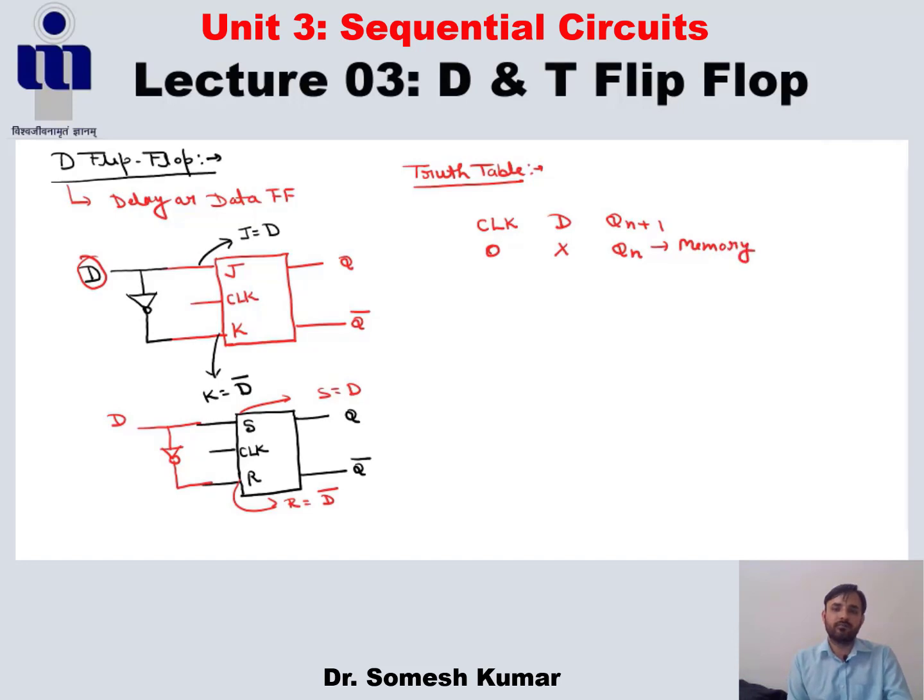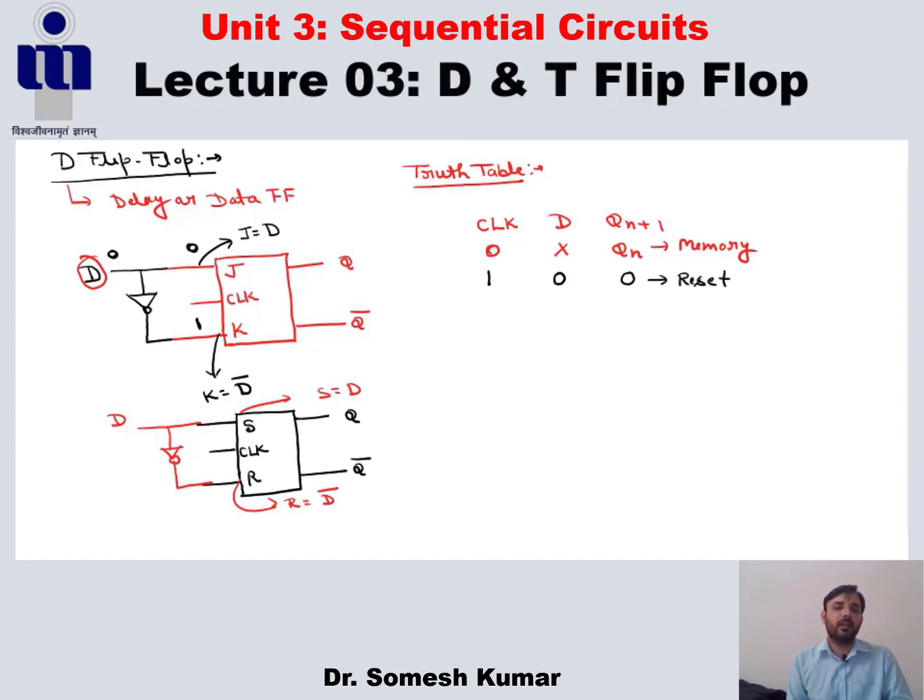Fine. So what happens in the next case if the clock is 1 and D is 0? If D is 0, then J becomes 0 and K becomes 1. What is the output of the JK flip-flop or SR flip-flop when the inputs are 0 and 1? In that case the output is 0, and we say this is our reset state.